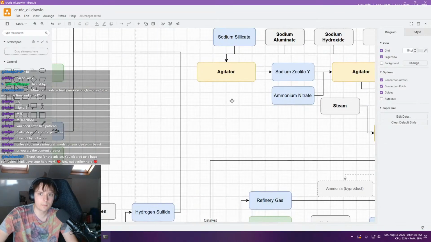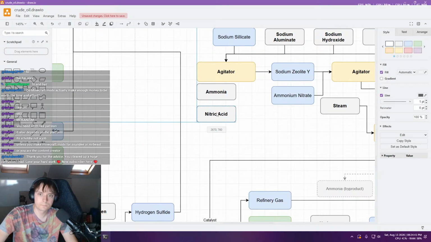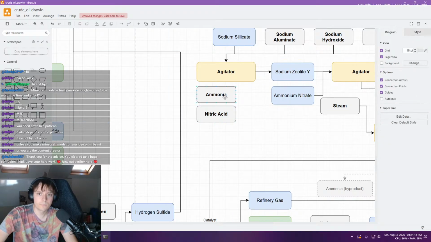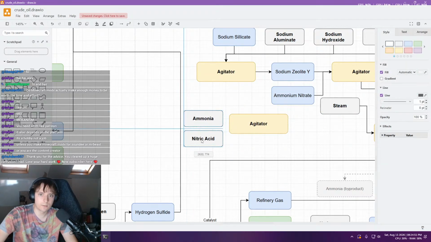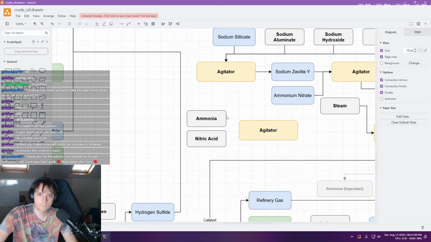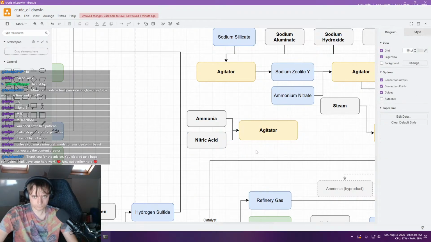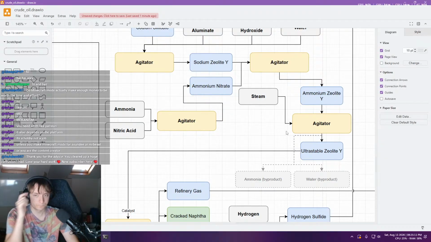We'll come down here. Boom, bada bing. So these go in. Well, let's just move down. So those go in the agitator, and that gets us ammonium nitrate.